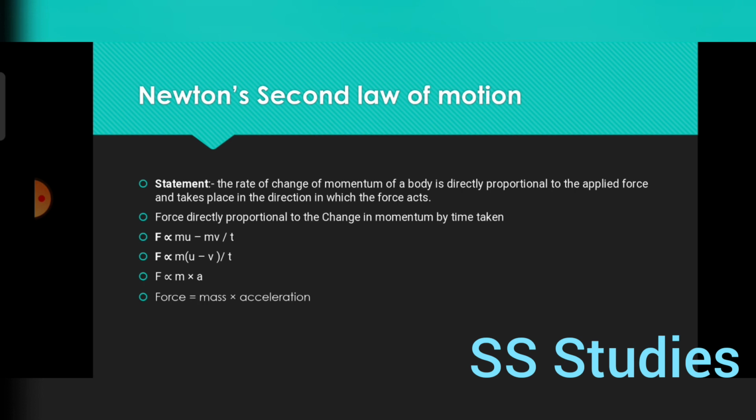So, F is proportional to (mv − mu)/t, or F is proportional to m(v − u)/t, or F is proportional to m × a, as we know that a = (v − u)/t, which gives us Newton's second law of motion: force equals mass times acceleration.